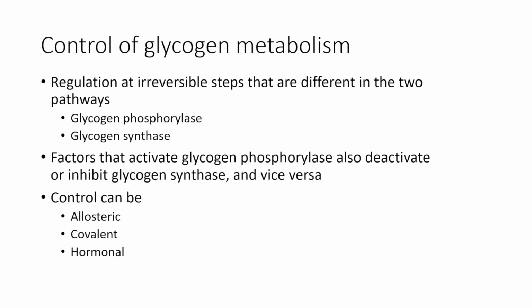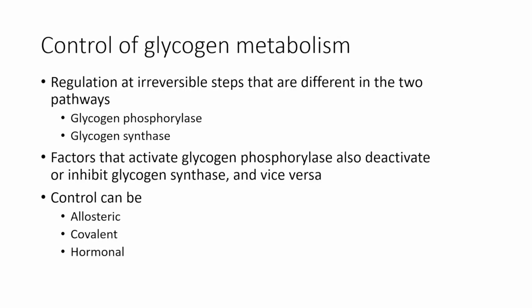And for the same reasons as we saw for glycolysis and gluconeogenesis, because the reversible steps, if you speed them up or slow them down, that's going to affect both directions equally. It's the irreversible steps that help to control one pathway differently from the other pathway. So for glycogen metabolism, the 2 irreversible reactions that are used for control are glycogen phosphorylase and glycogen synthase.